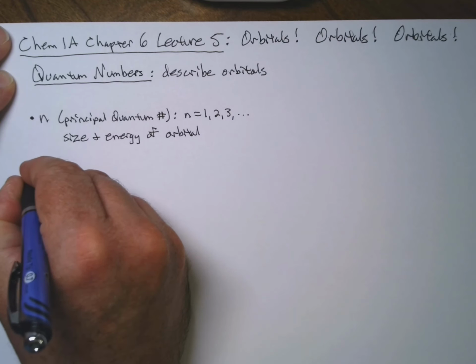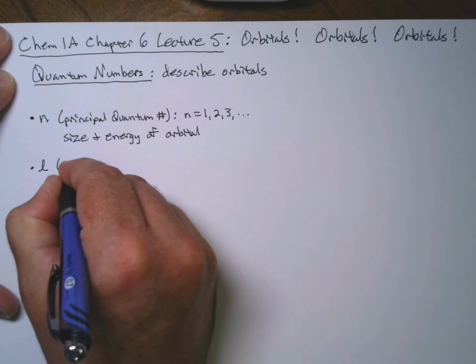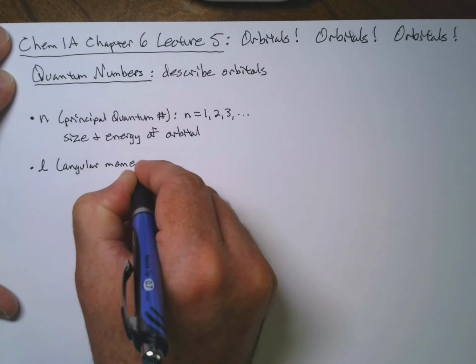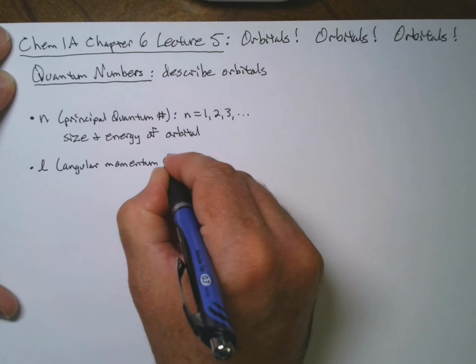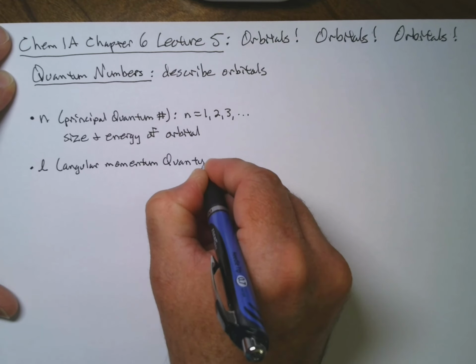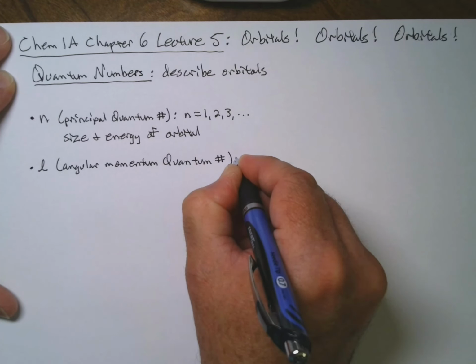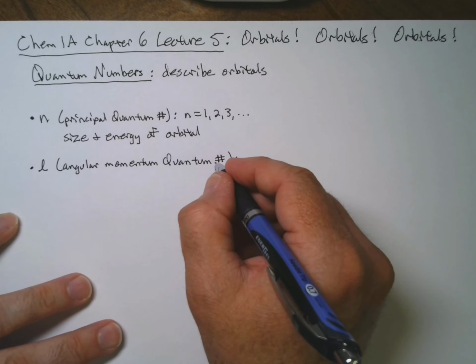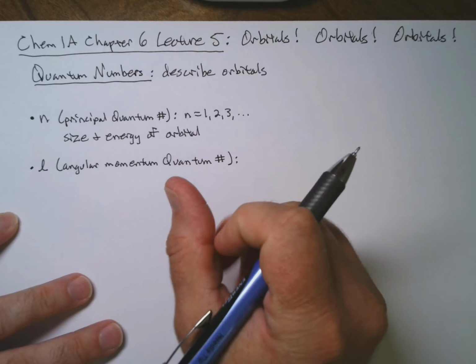Next we have L, which is the angular momentum quantum number, and it has integer values from 0 to n minus 1 for each value of n.